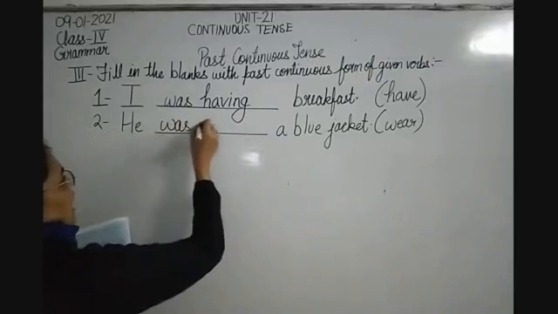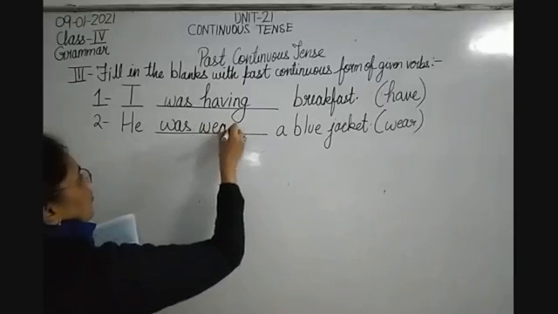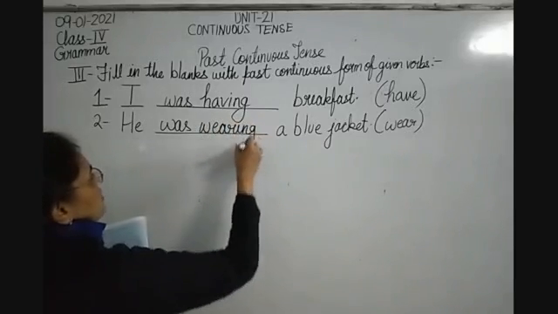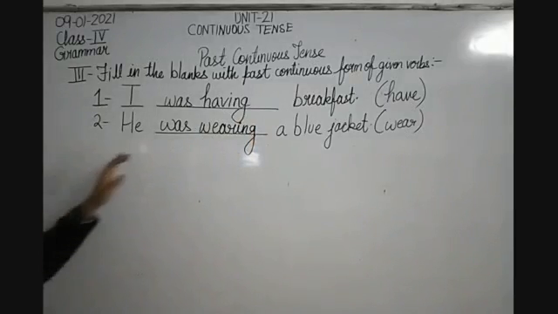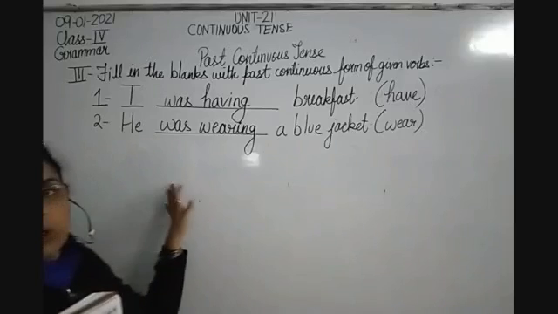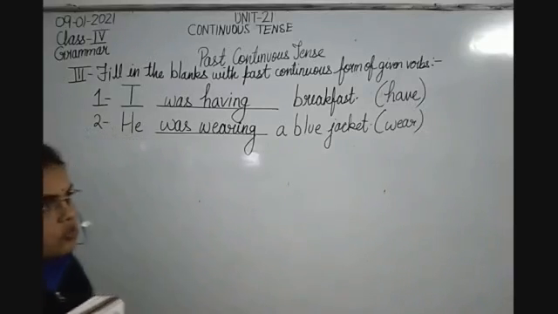So he was, and wear का ing form क्या है? wearing. He was wearing a blue jacket. He was wearing a blue jacket.